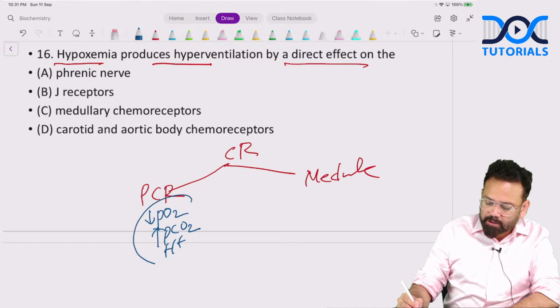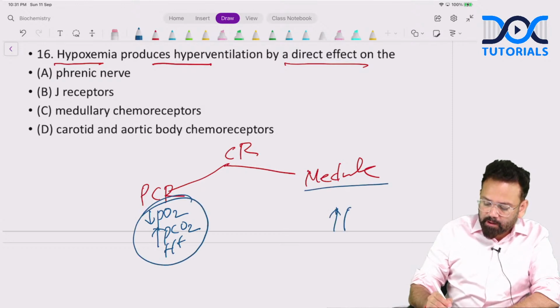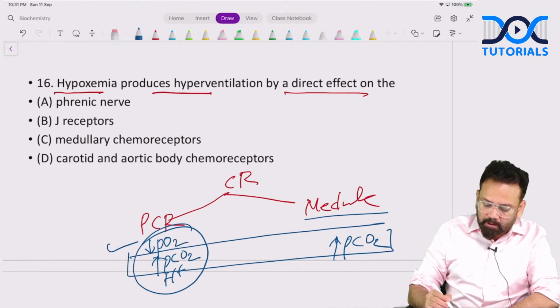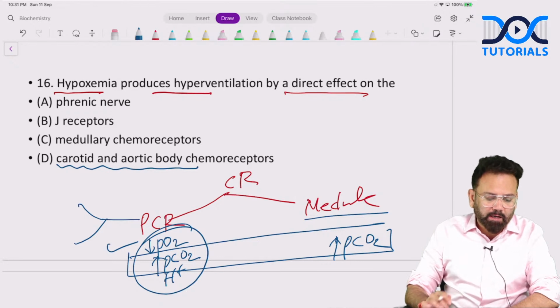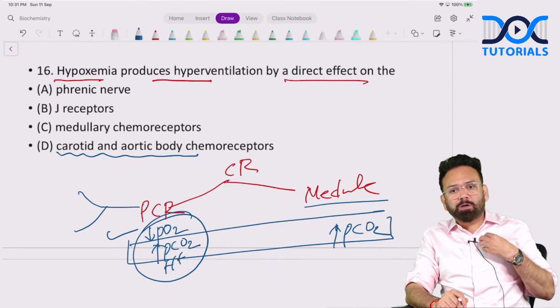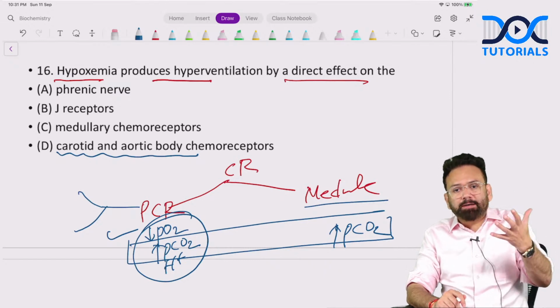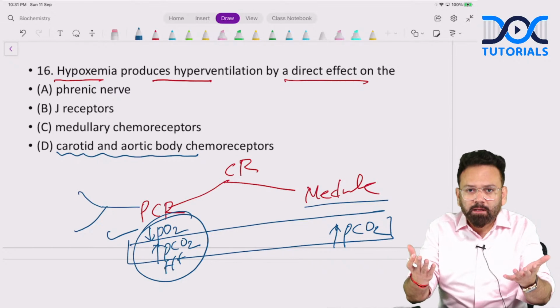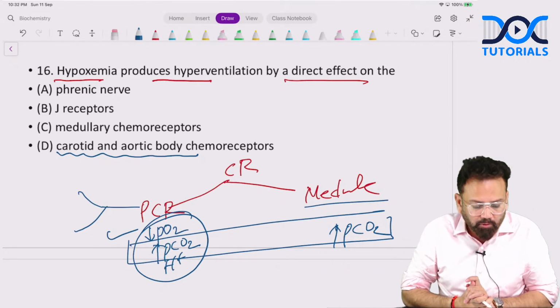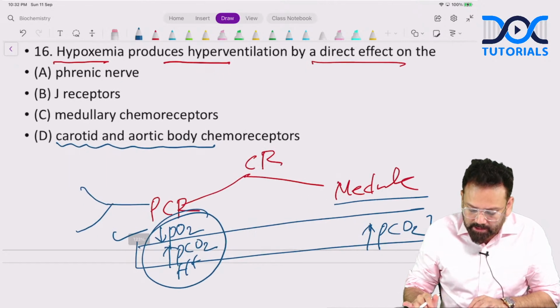Medullary chemoreceptors are only sensitive to hypercapnia. This is the common stimulus. So who will be stimulated by hypoxia? Peripheral chemoreceptors, the carotid body and aortic body. When there is hypoxia, it is sensed by the carotid body and aortic body, and you hyperventilate, oxygen comes inside and CO2 is gone. So you feel better. Answer is D.